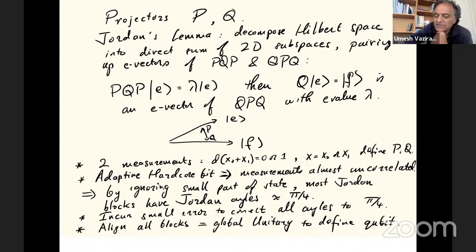So the picture we have is a two-dimensional subspace spanned by E and F, where Q maps E to F, and P maps F back to E. This is one of the Jordan blocks, and the Jordan angle is the angle between E and F.